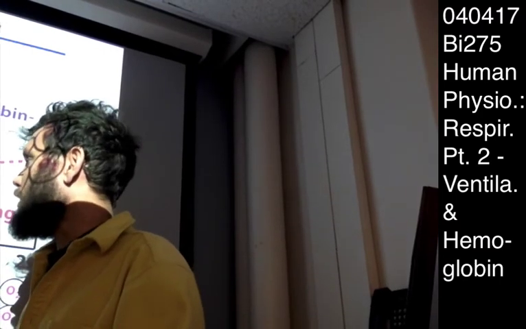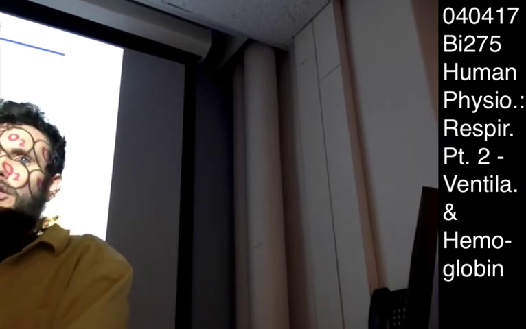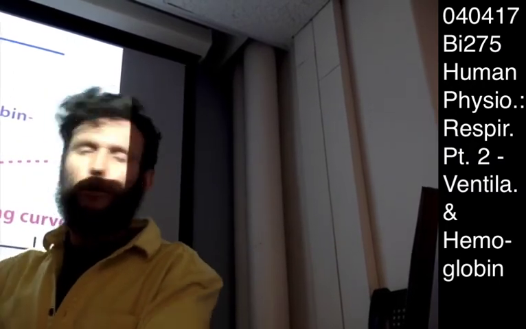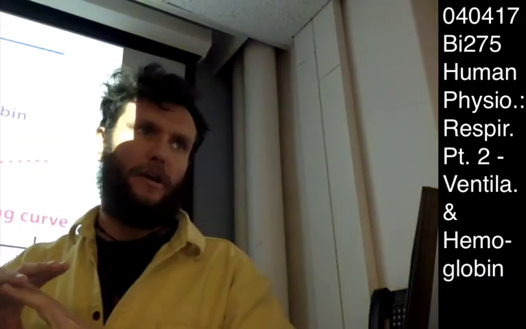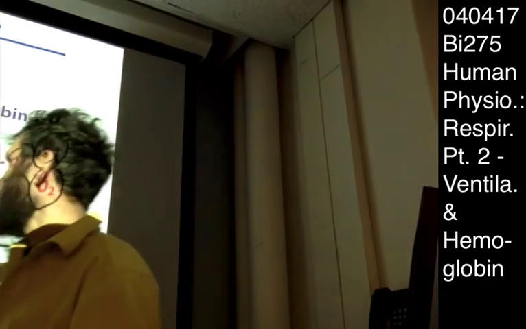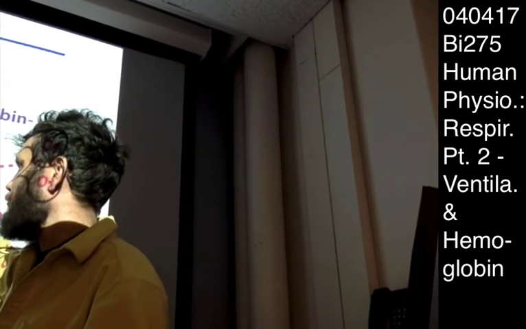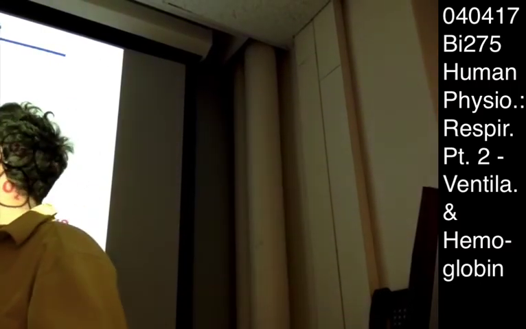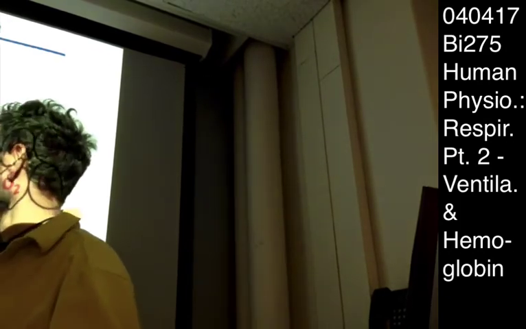And the point here is that if you could somehow stick the molecule in T, if there wasn't the chance to go to R, there was no allostery. If it was permanently stuck in T, this is what the binding state would look like. So at 100 millimeters of mercury of oxygen, we'd only have maybe 20-some percent of the binding sites actually bound to oxygen.